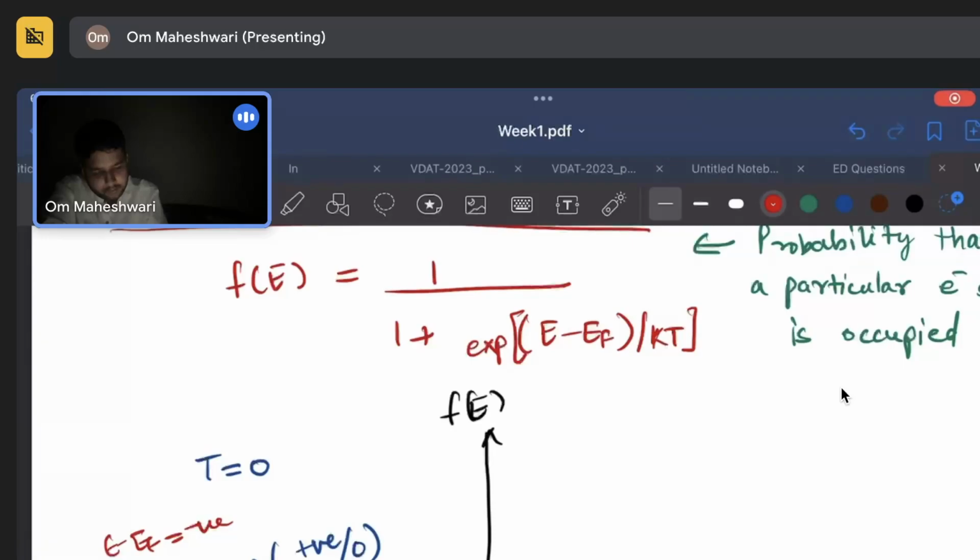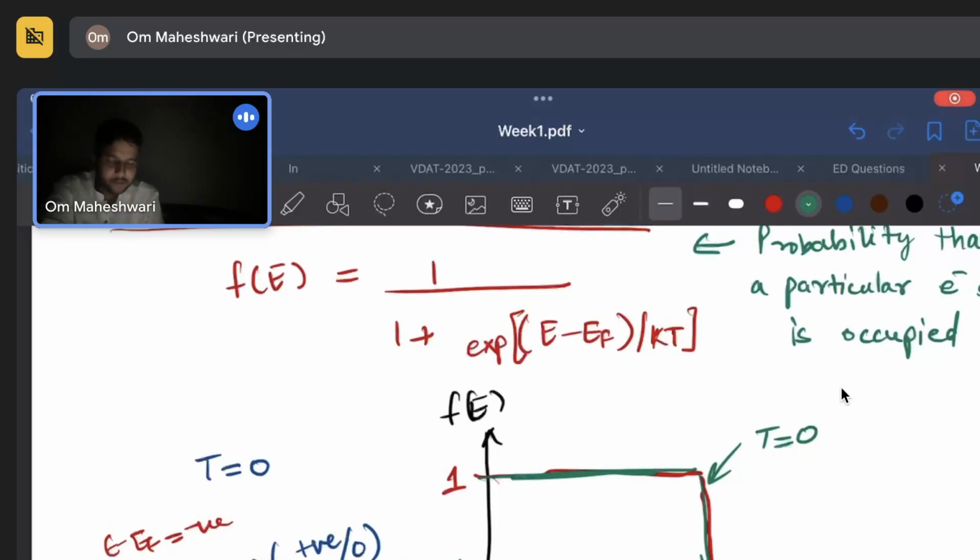So this will be 1 here. So this is the function at T equal to 0, and at EF the probability is 1 by 2. It is 1 and 0 at the same time, so we consider it to be 1 by 2.